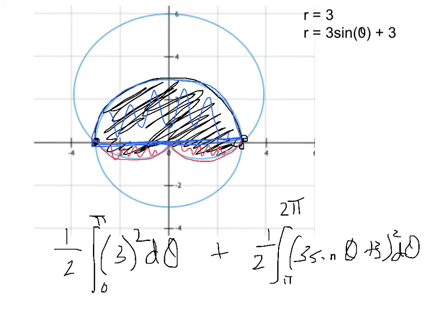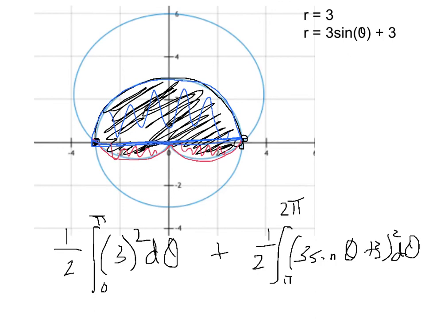And then I would add those two together. And that's what makes these polar ones kind of different, kind of fun, is they don't work the same as normal functions, where it's always just top minus bottom. In this case, we actually had to change our thinking a little bit, similar to when you had a change with regular functions of what function was on top and bottom, and you had to use two integrals.